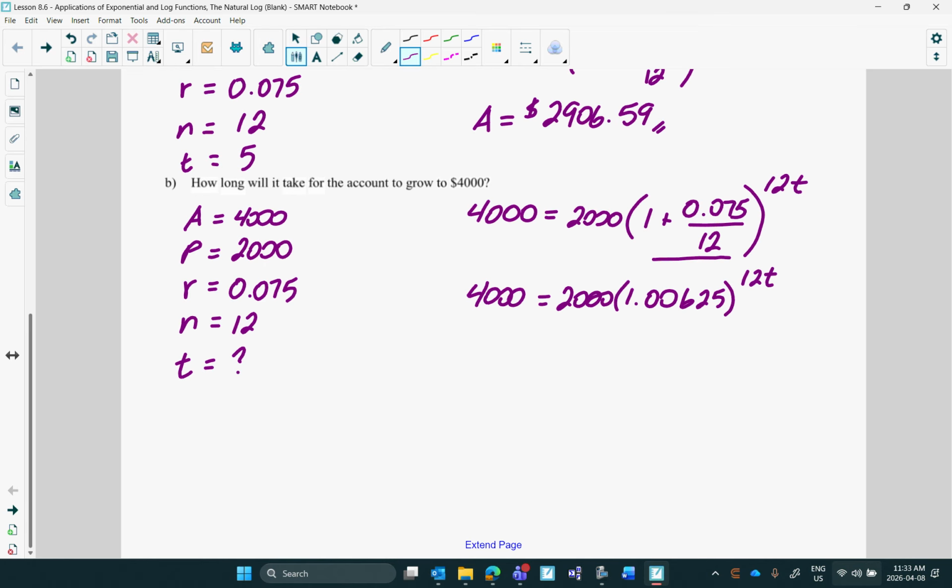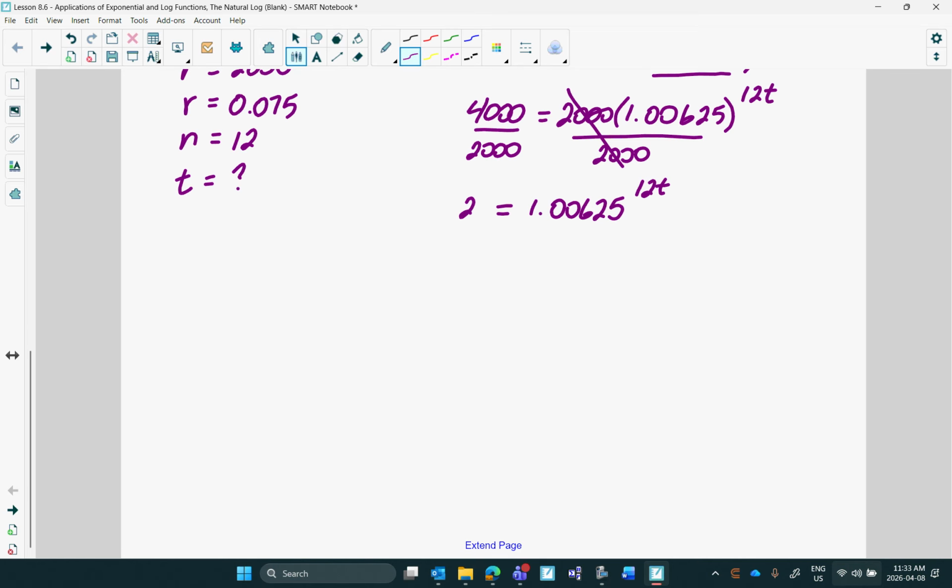Divide both sides by 2,000 to get the power by itself. So we get 2 equals 1.00625 to the 12t. We now have an exponential equation. Obviously, I can't make the bases the same mentally. So now what? What did we do yesterday? Log both sides.